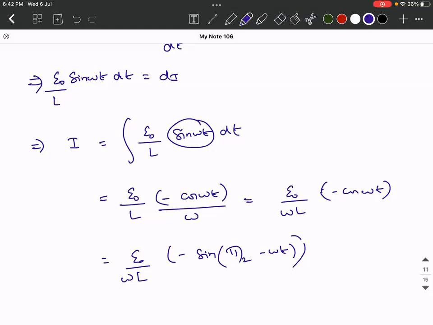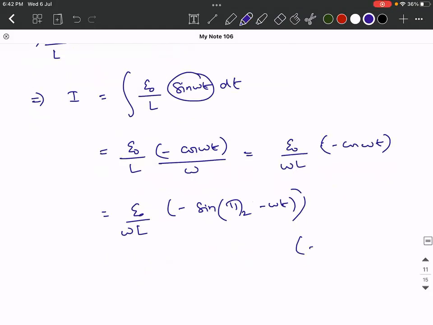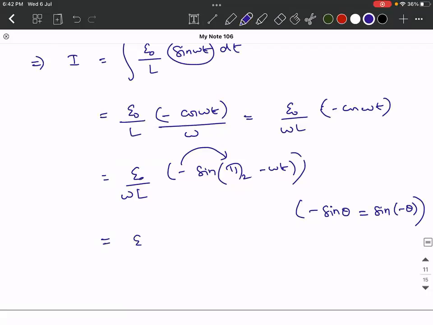Can I say minus sine theta is equal to sine of minus theta? So what I can do is push the minus sign inside. When I do this, I get E naught divided by omega L into sine of omega t minus pi by 2. Now I made omega positive.